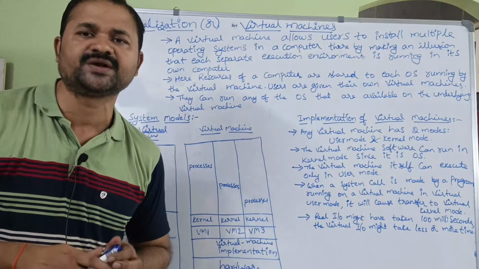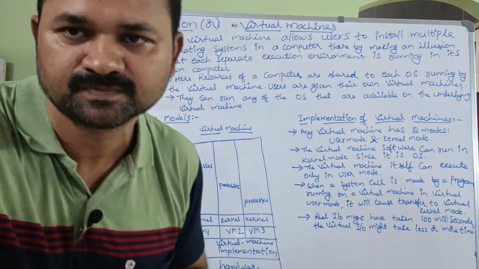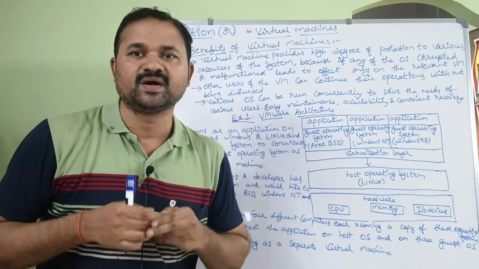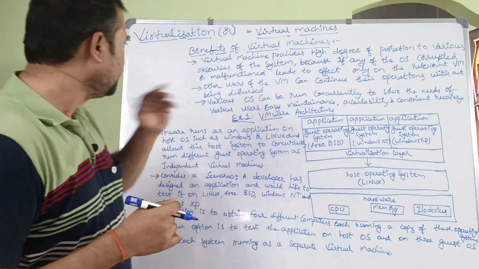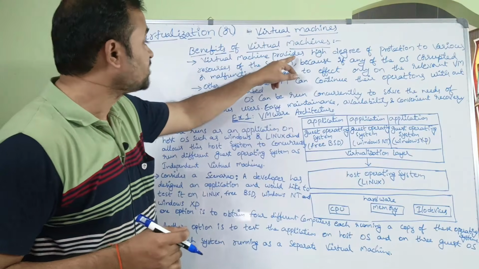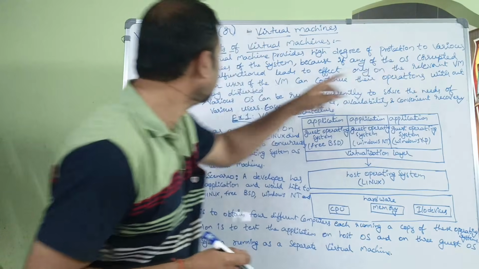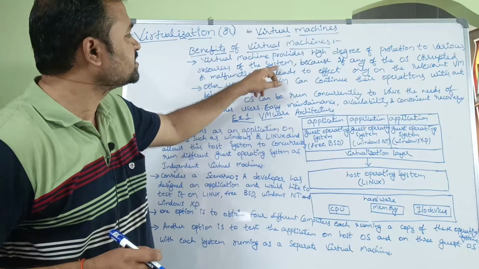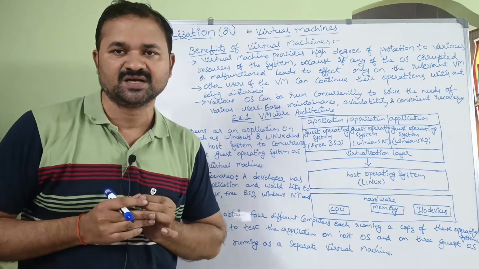Now let's see the benefits of the virtual machine as well as examples. Let's see the first benefit. A virtual machine provides a high degree of protection to various resources of the system. Let's say we have 3 operating systems.